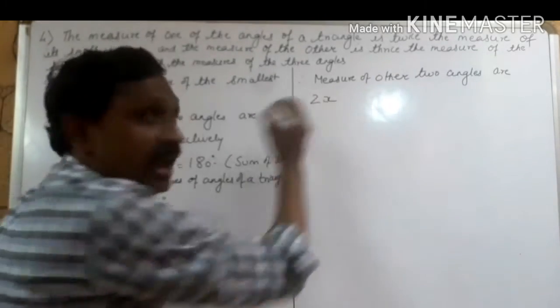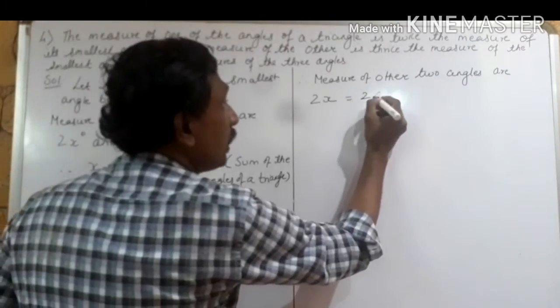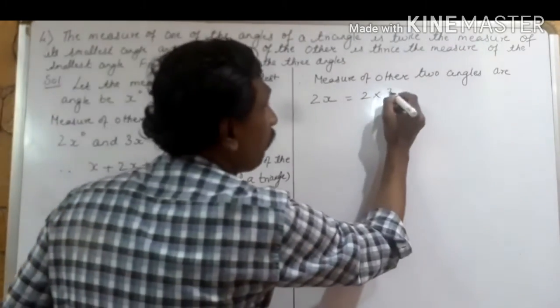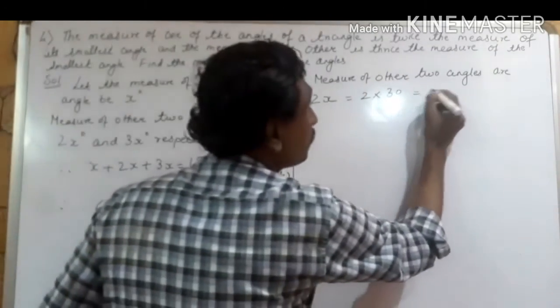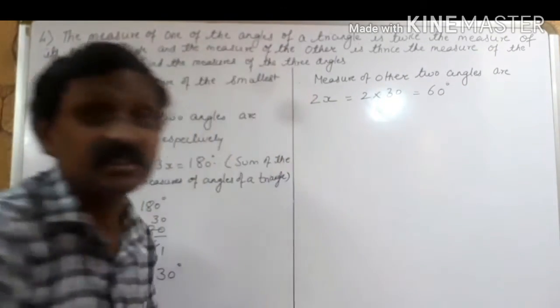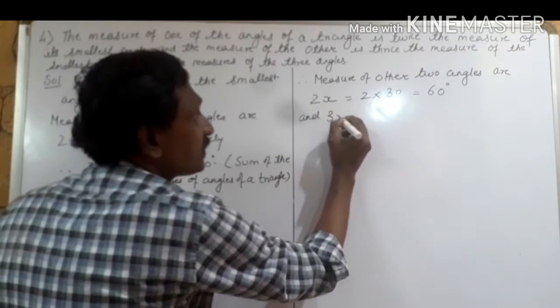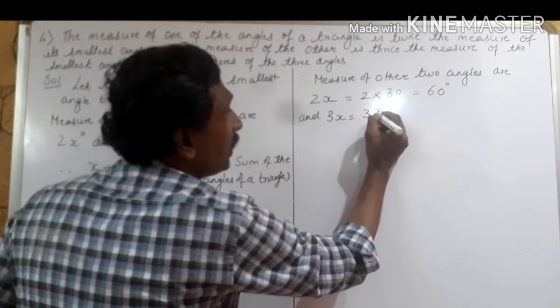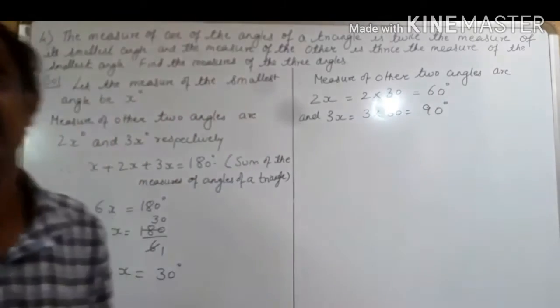We have 2x, which is equal to 2 into 30, since we got the value of x as 30. That means it becomes 60 degrees. And the other, 3x: 3 into 30 is equal to 90 degrees.